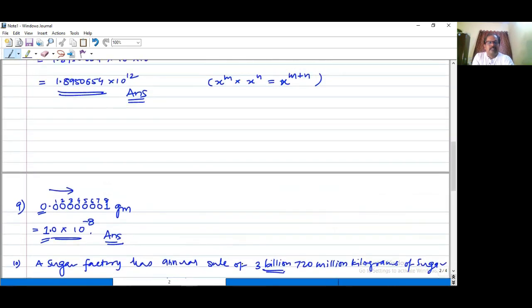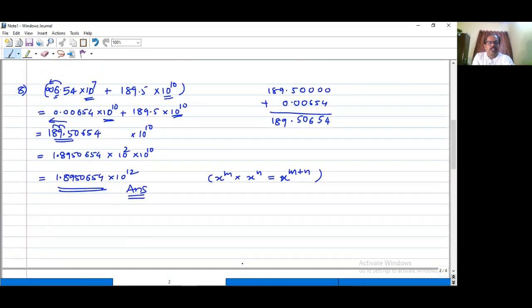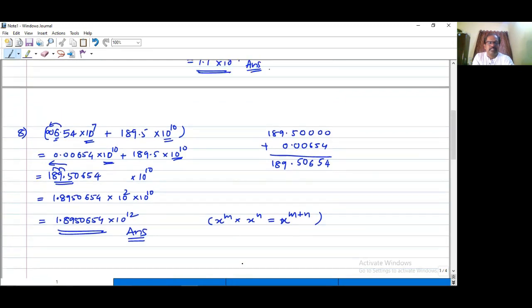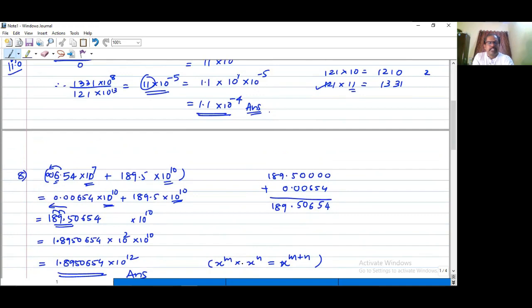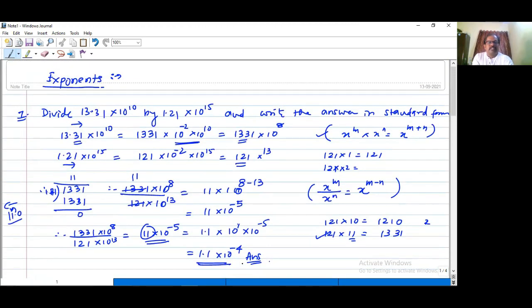While writing standard form, keep in mind that our integer part must be positive, that is greater than 0 and less than 10 only. Means the digit in the integer part must be 1 to 9 only. Okay. So in this way we have done these examples, and with these 4-5 examples, this exercise will be over, and along with that this topic will also be over.